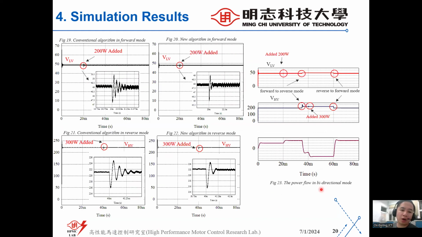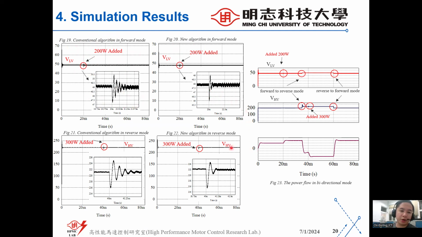And with the output in the forward mode with the conventional algorithm and new algorithm, you can see in figure 19 and figure 20, the output voltage is stable at the reference voltage 48, but with the same load step, the settling time in the new algorithm is reduced compared with the conventional algorithm.